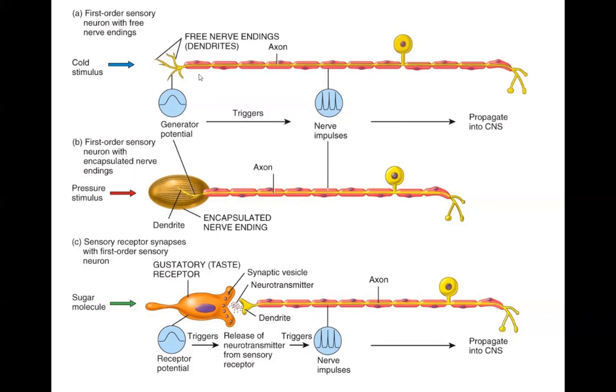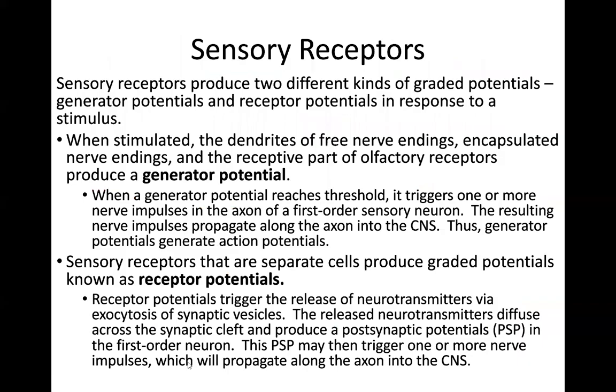Now, in the case of free nerve endings and encapsulated nerve endings, they utilize what we call generator potentials. Whereas with separate cells, they utilize what we call receptor potentials. These are just two types of graded potentials that are created in response to a stimulus.